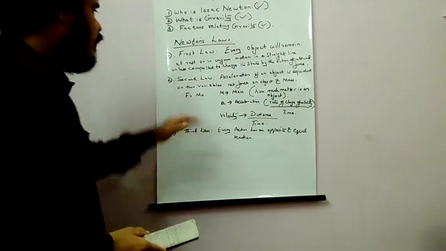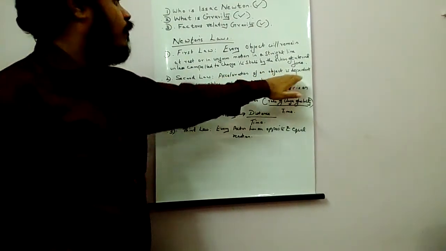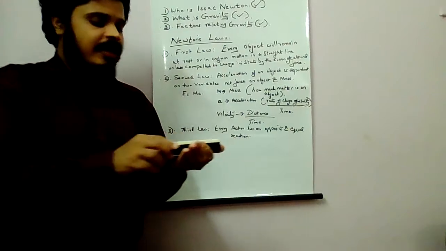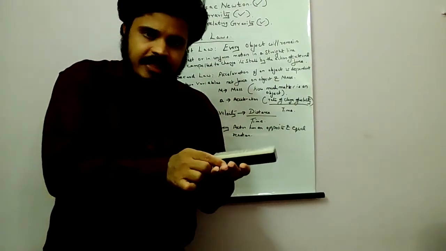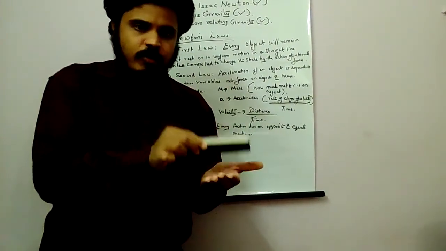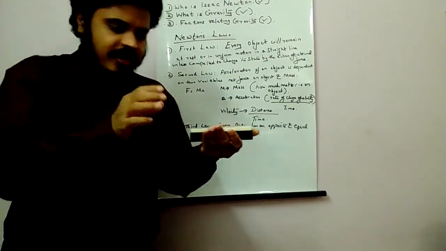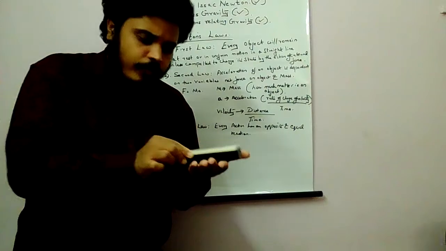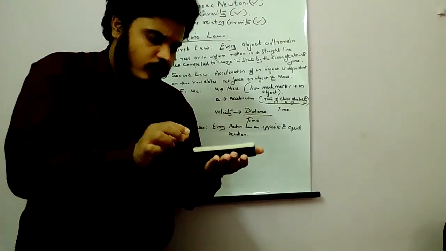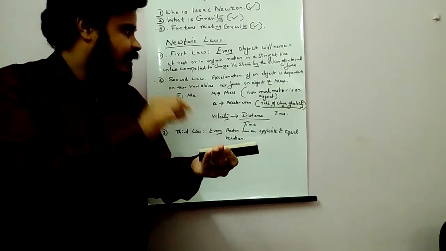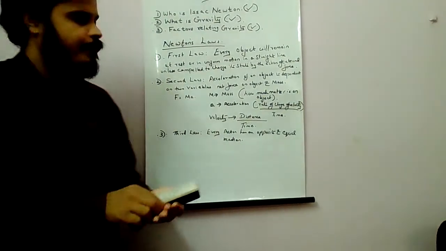That's the first law. The second law states that the acceleration of an object depends on two variables, the net force on the object and the mass. That is, the movement of this object depends upon the force I am giving on this object as well as the weight of this object.